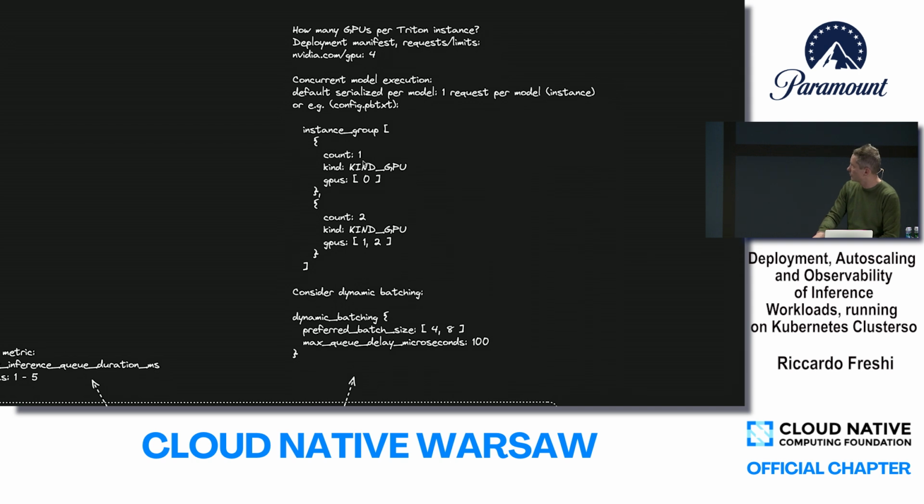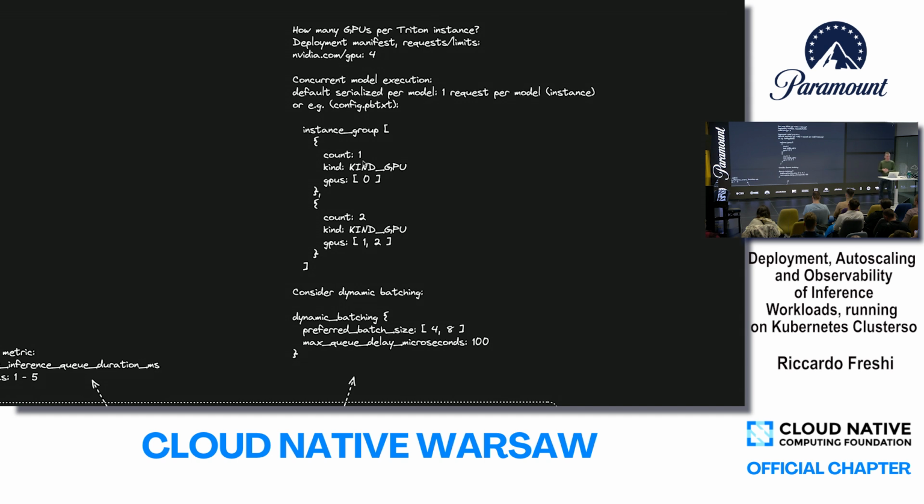This is good because Triton can handle multiple GPUs and can map the different inference requests in the way that we've seen before, so schedule the different inferences on the different GPUs, because it can actually manage them.